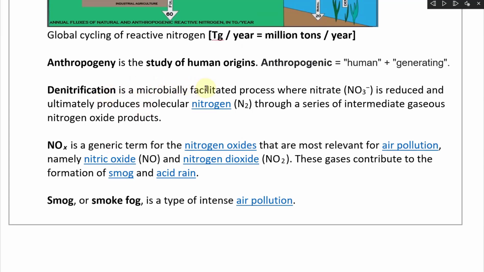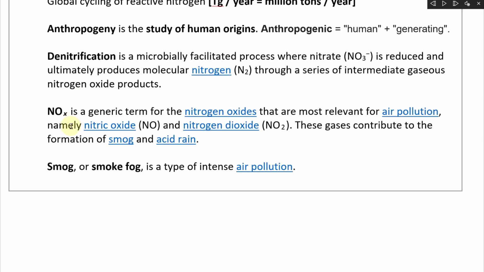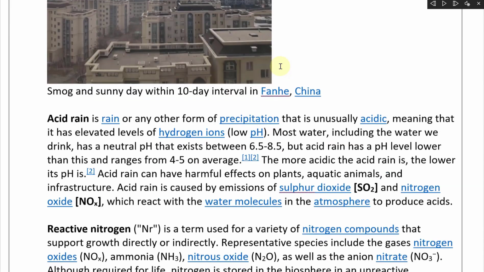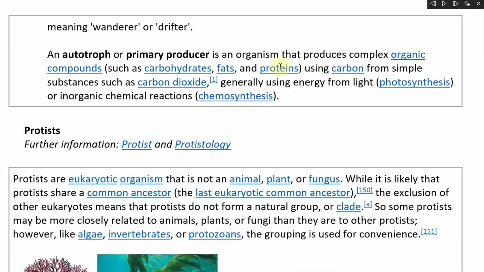Denitrification is a microbially facilitated process where nitrate is reduced, so it gains electrons and lowers its oxidation state, and ultimately produces molecular nitrogen, N2, through a series of intermediate gaseous nitrogen oxide products. So when you have reactive nitrogen going through denitrification, you eventually get molecular nitrogen, N2, as a final product, which is the unfixed form.